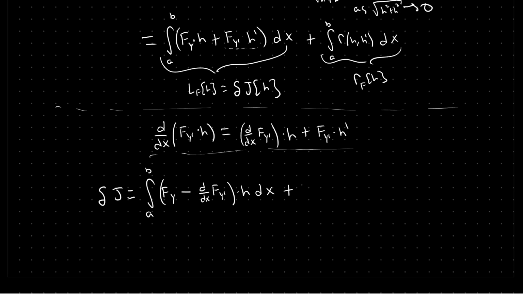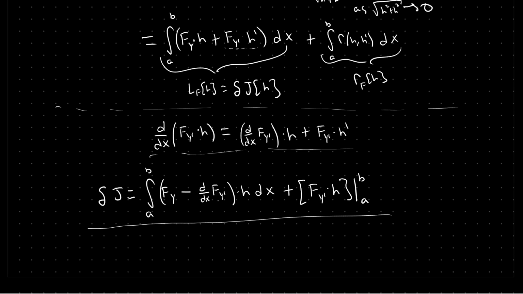plus this term right here, because we're doing integration by parts, and the integral of the derivative of this is just this evaluated at the boundary points. So f_y' times h evaluated at the boundaries b and a. This is a slightly closer expression to what we obtained using Euler's finite difference method, but it's a little different in that this is an integral expression.